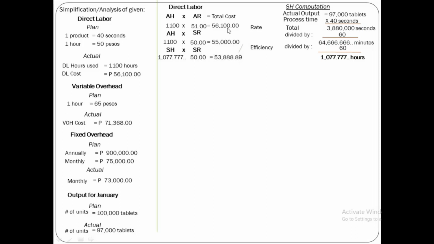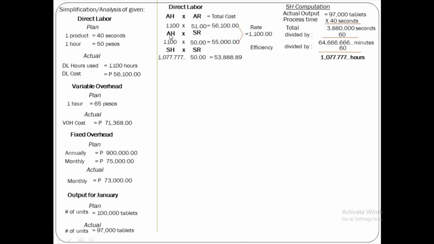The difference is what we call the rate variance, which is 1,100 unfavorable because on the actual, 56,100 was incurred, versus if we use the plan, we're just going to incur 55,000. So there is 1,100 unfavorable rate variance.